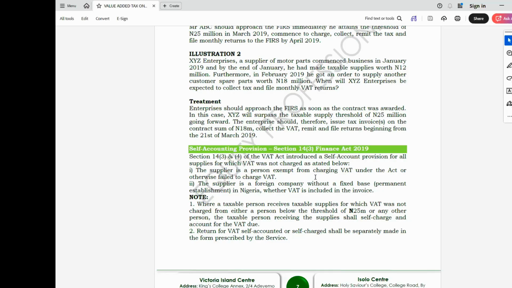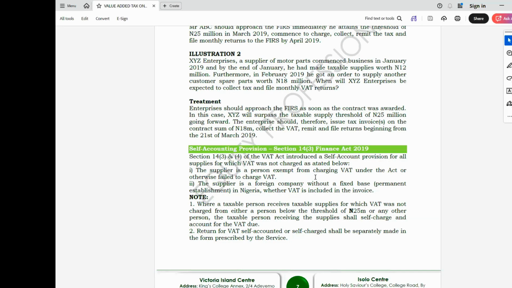What the law is not saying is that because I'm a small company, which is under the threshold, the transaction is free of VAT. That company that is buying from me must self-account for the VAT themselves. That provision is called self-accounting for a supplier that is under the threshold.